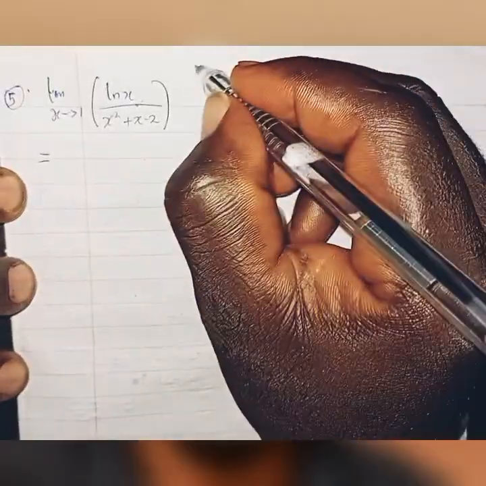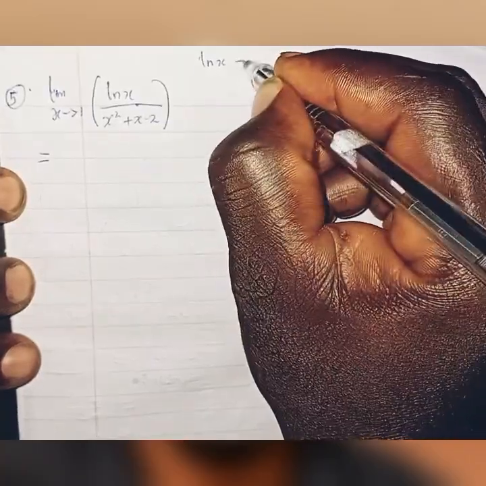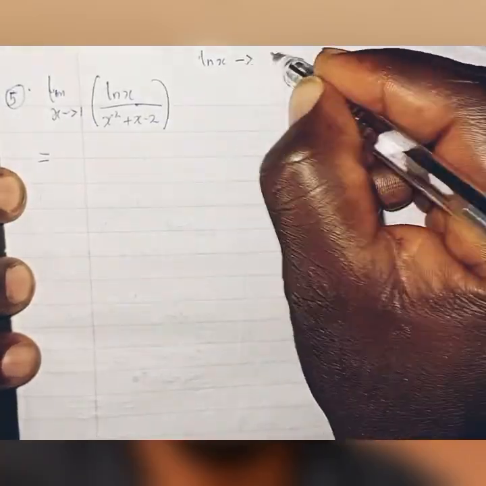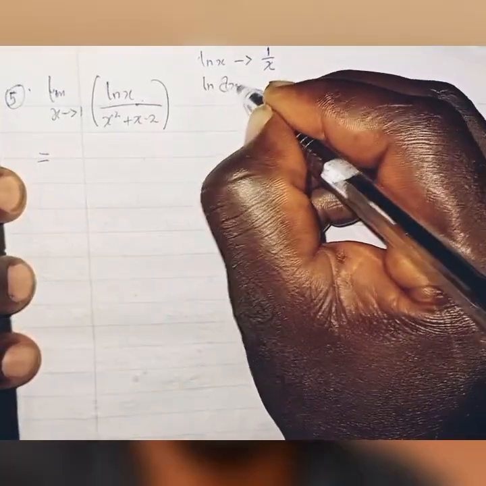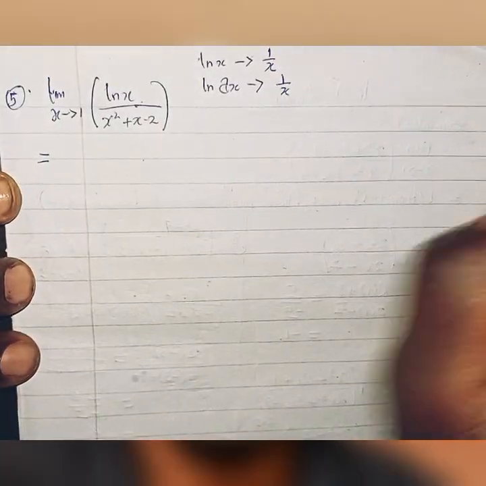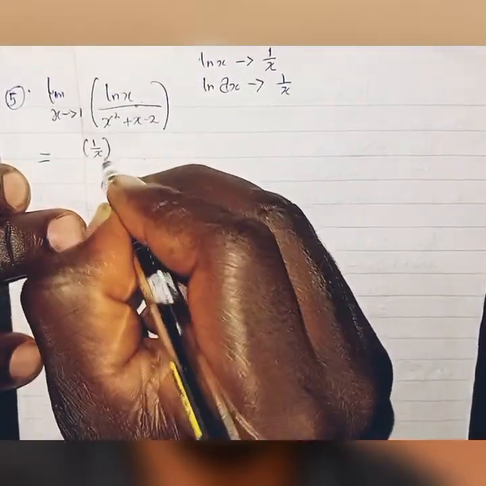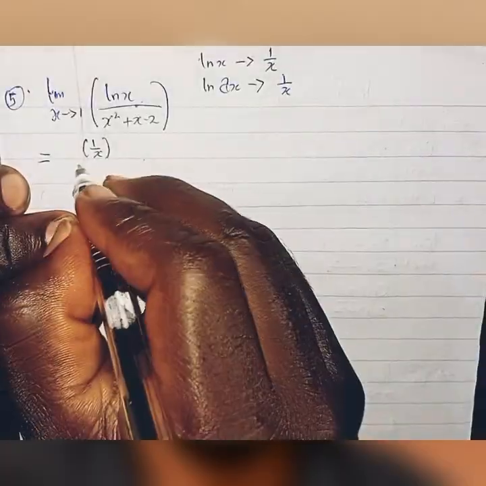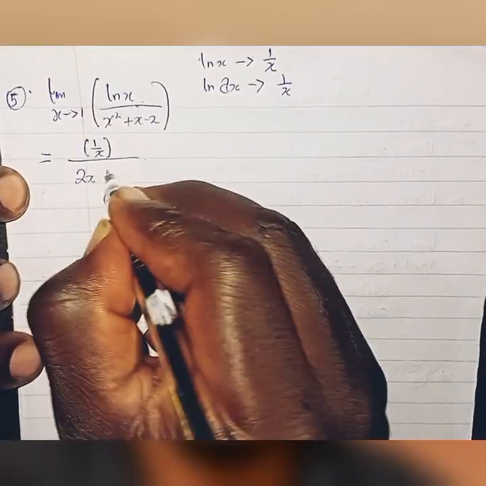Now remember, in differentiation, if you have ln x, it's going to give you 1 over x. If you have ln ax, you're going to have 1 over x also. Now using this, ln x is 1 over x. When you differentiate it, we have 1 over x over 2x plus 1.